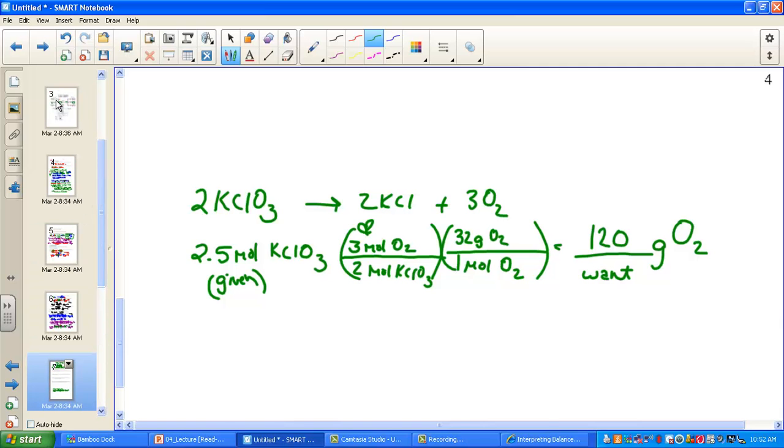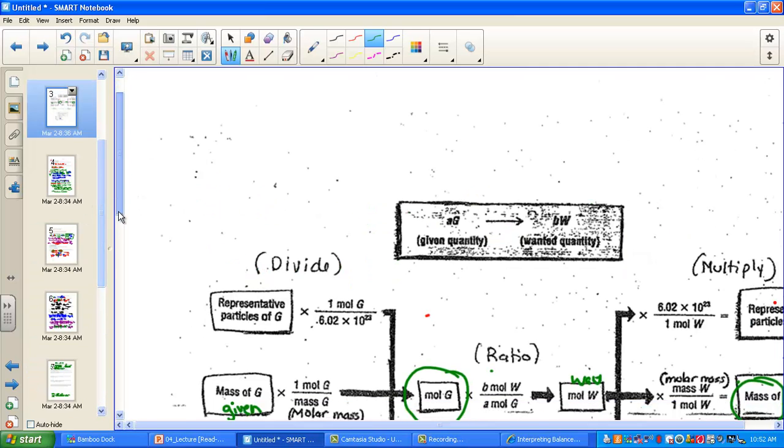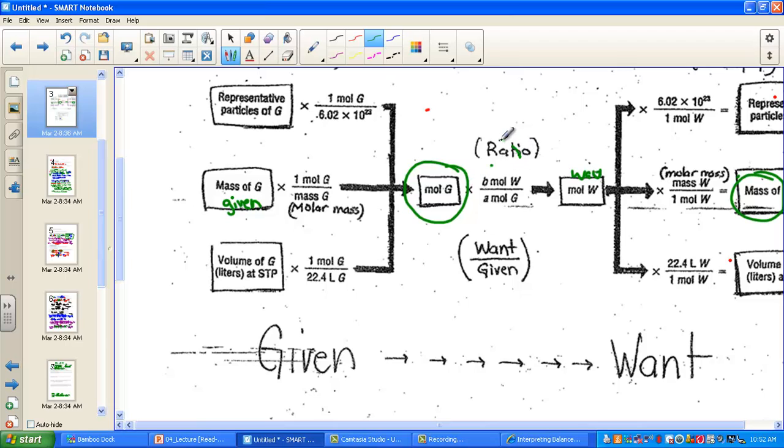To review, to summarize, we spent time, first of all, doing some mole-mole calculations. The heart of our problem, when you see me draw that, it's referring to the mole-to-mole ratio. Those are the coefficients from our balanced equation. We then extended the borders and did mass-mass calculations, the 3 steps to move all the way from the left to the right-hand side.